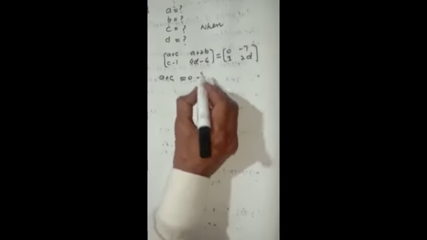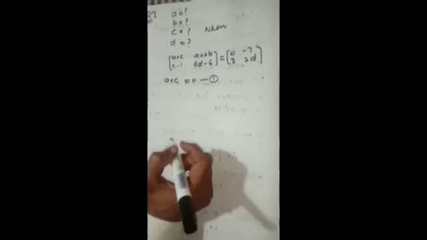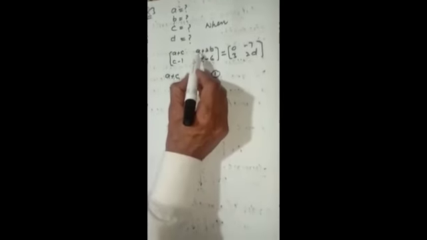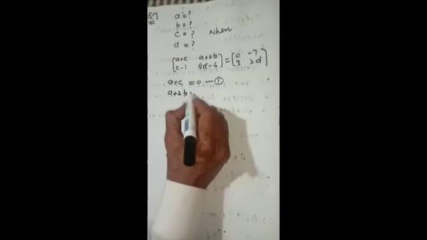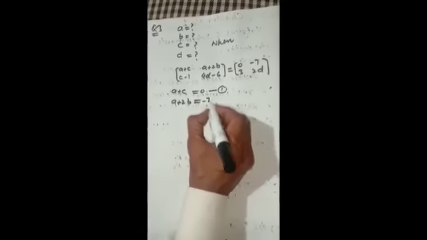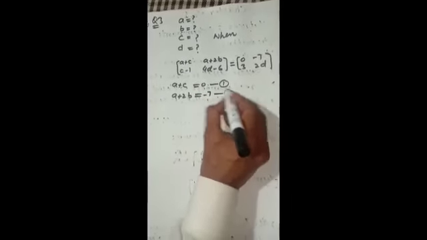Hence, first entry A plus C will be equal to 0. We name it equation number 1. And the second entry of the first row, A plus 2B, will be equal to the second entry of the second matrix, -7. We name it equation number 2.